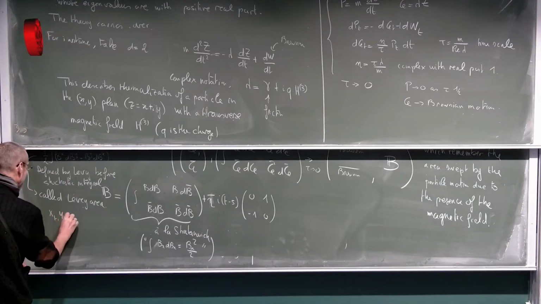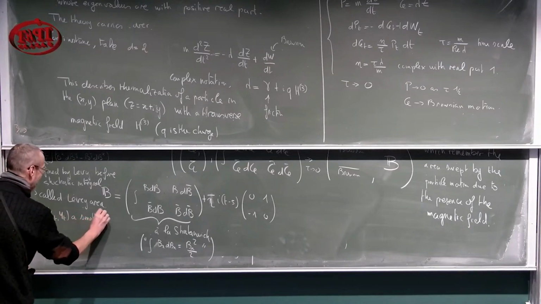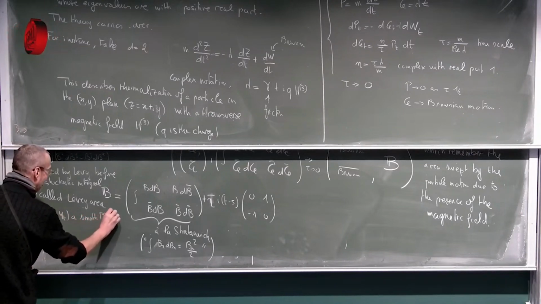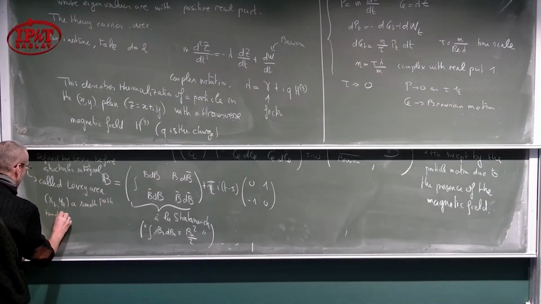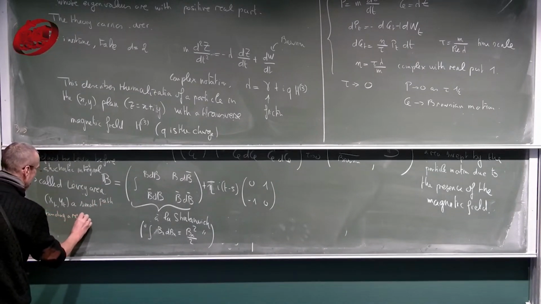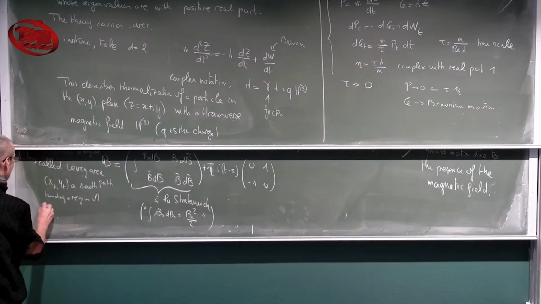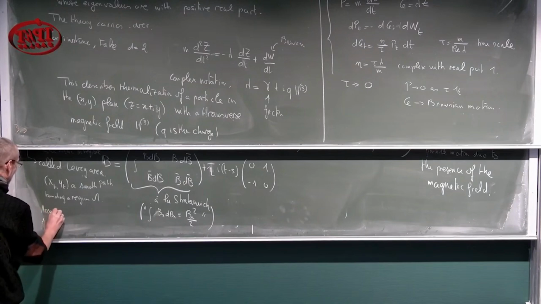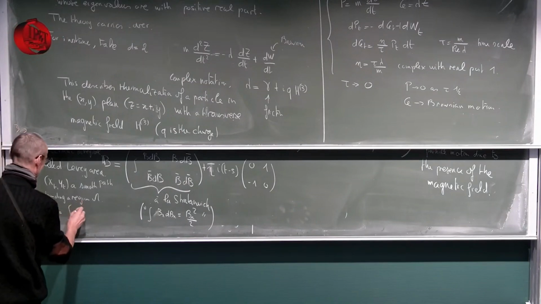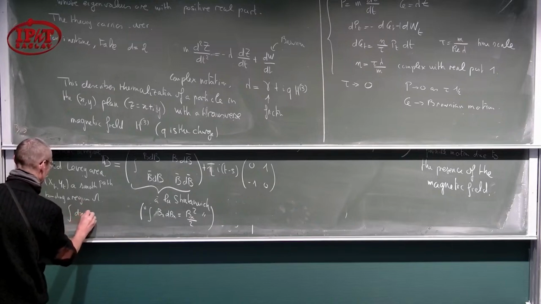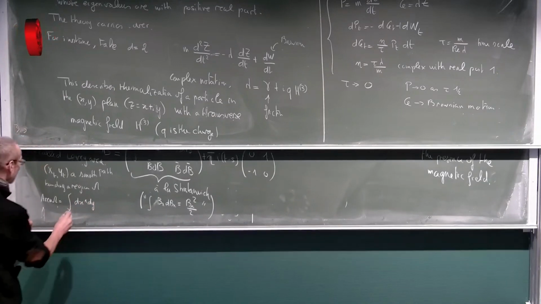xt, yt, a smooth path bounding a region omega, then the area of omega is the integral of dx dy, let me put a wedge just to make things the way they should be, over omega.